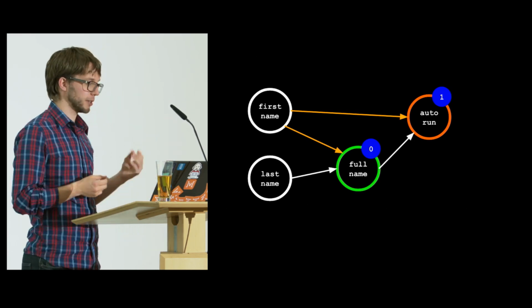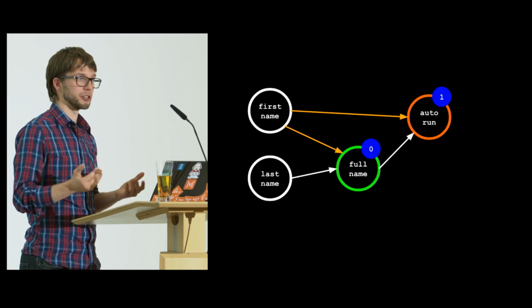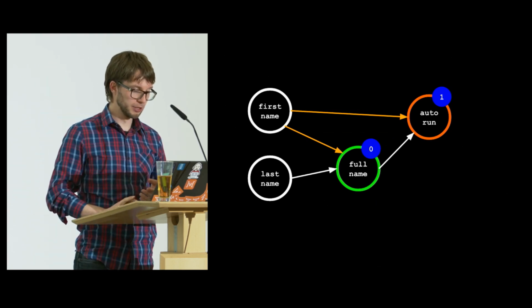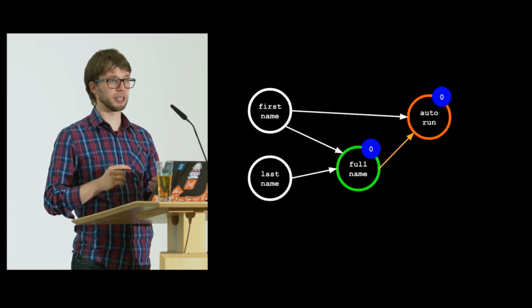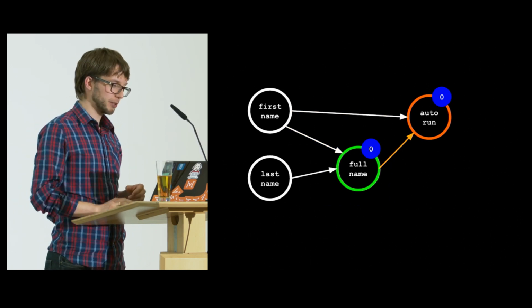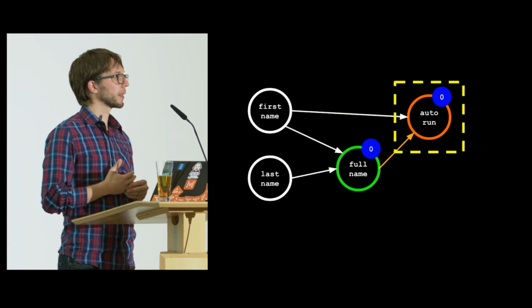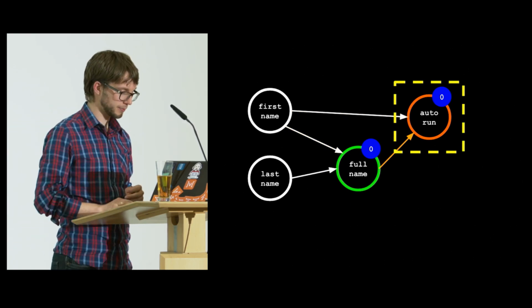And whenever a thunk drops its dirty count to 0, MobX reruns it. That's basically what happens. So full name now gets to rerun. And after that, it also tells its observers, hey, you're not dirty anymore, I have a stable value. So now the autorun can run. And this way we have eliminated our glitch.